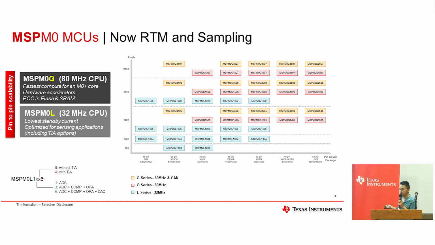And at the bottom, I have listed some naming rules for our devices. As you can see, in the middle of the device number is the information about the scalable analog.